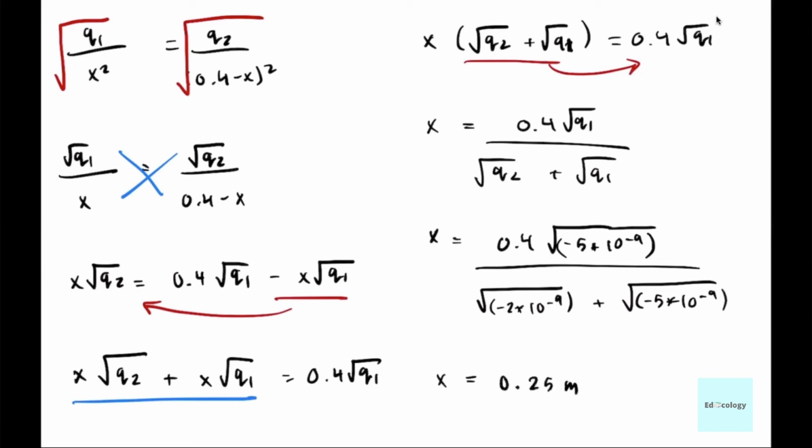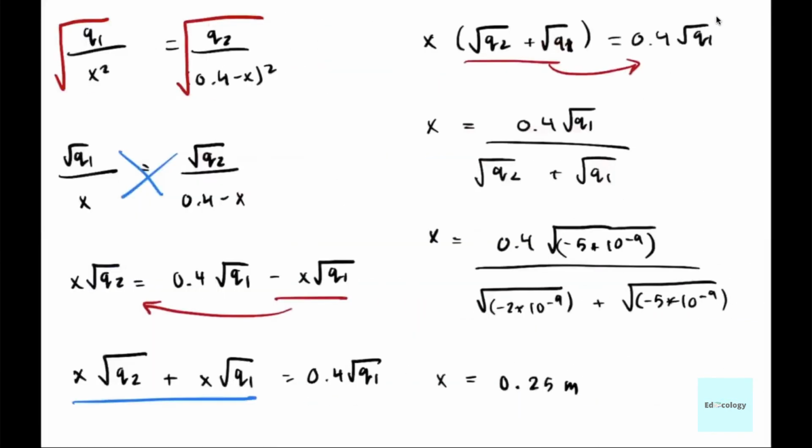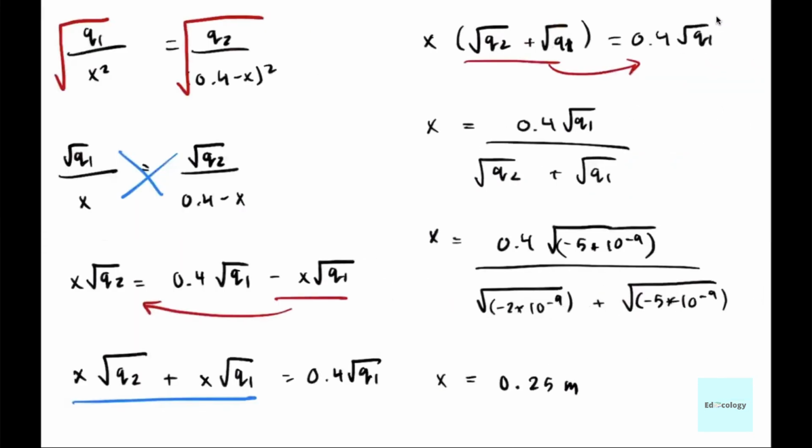So what does this mean? It means that the distance between Q1 and Q is 0.25 meters, and if they ask you to find the distance between this point and Q2, you can also just basically subtract 0.4 minus x, which is 0.25, in order to find it.